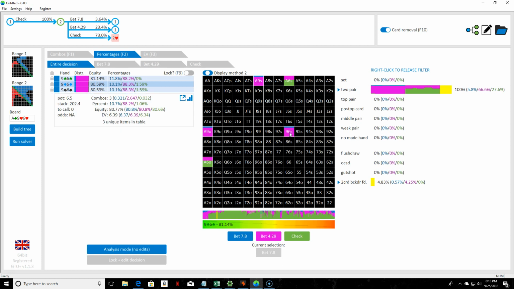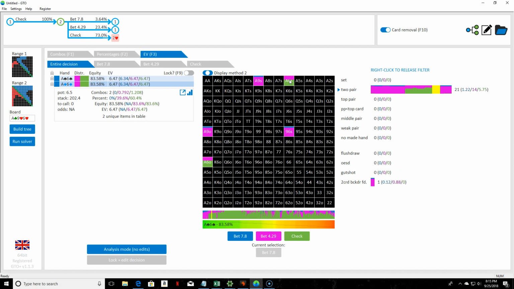But 9-6 we would be betting. And I think 9-6 is definitely a lot more vulnerable, so I definitely agree that 9-6 should be bet here. The ace-6, I can't say I entirely understand. Now, if we take a look at the EV, so if I press F3 on my keyboard, I can take a look at EV. The EV between betting and checking is exactly the same, 6.47. So I guess it just doesn't really matter. You could do either or here.